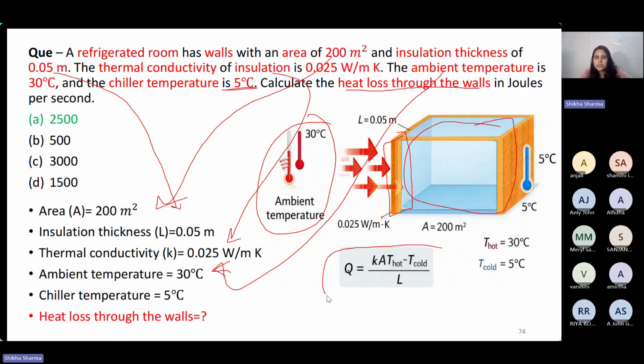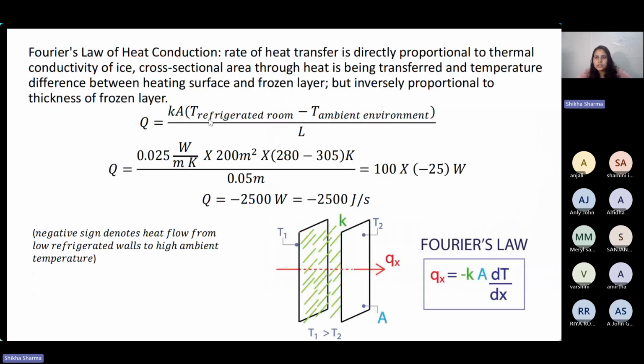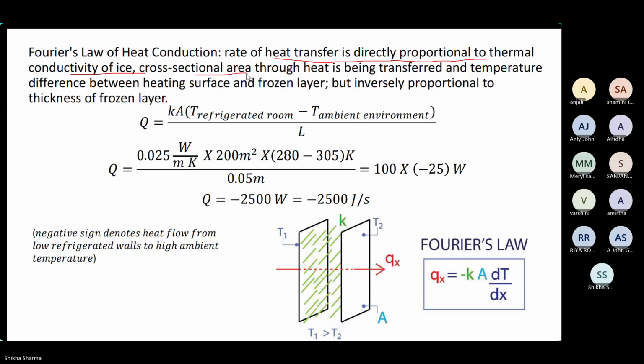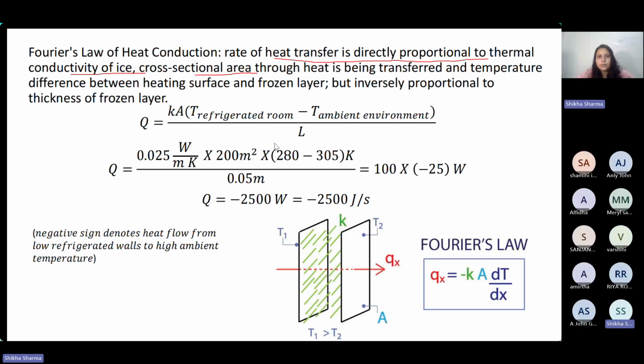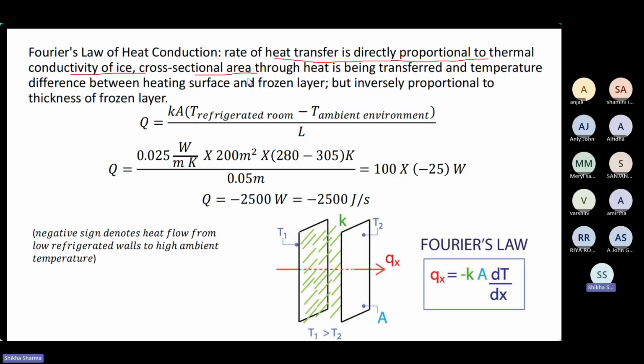So we can use here Fourier's law. Fourier's law of heat conduction says that the rate of heat transfer is directly proportional to the thermal conductivity, the cross-sectional area through which the heat is being transferred, and the temperature difference between the heating surface and the frozen layers, but it is inversely proportional to the thickness of the layer.